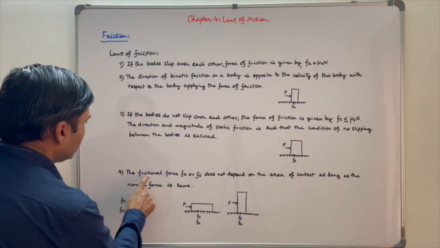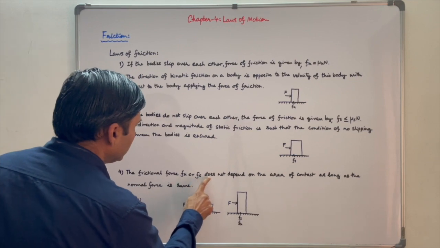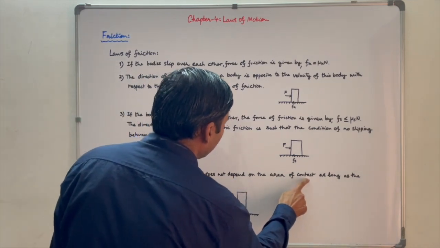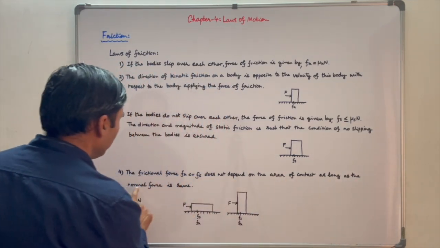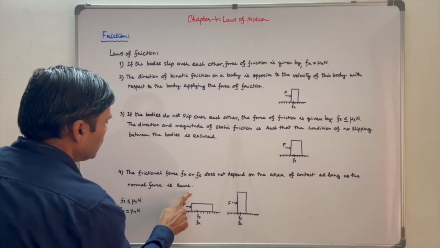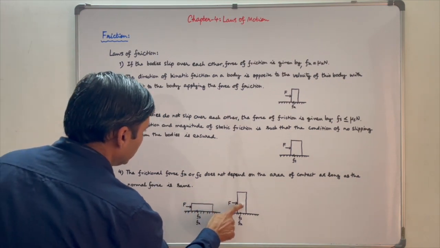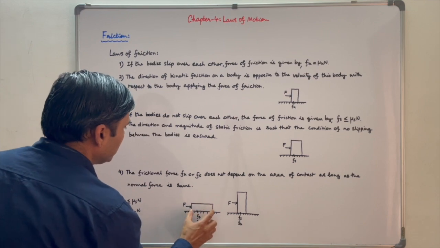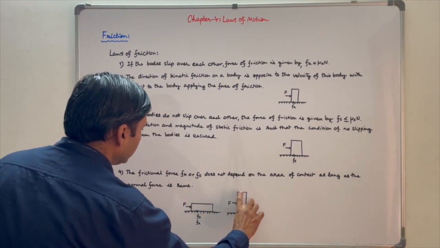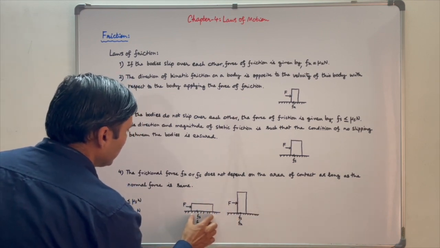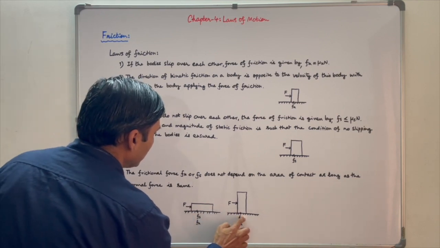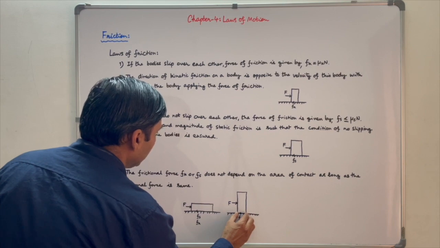Fourth point, the frictional force Fk or Fs does not depend on the area of contact as long as the normal force is same. Suppose there are two identical bricks. They are kept on a surface, first like this and second one like this. In first case, area of contact between the two objects is more, and in second case, area of contact is less.